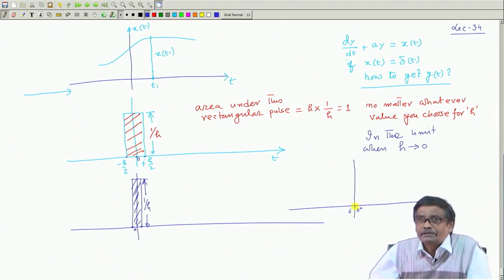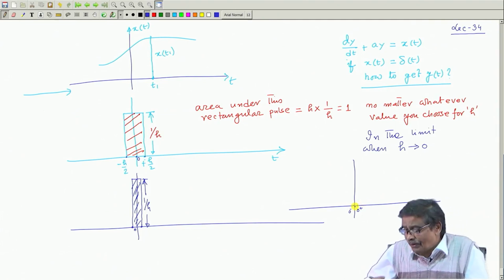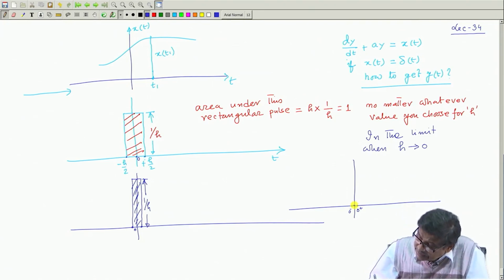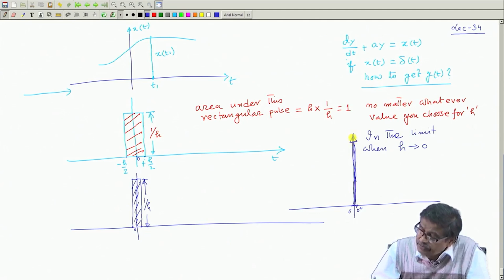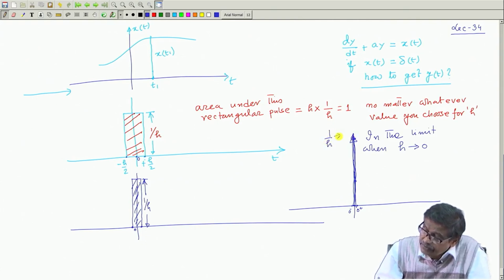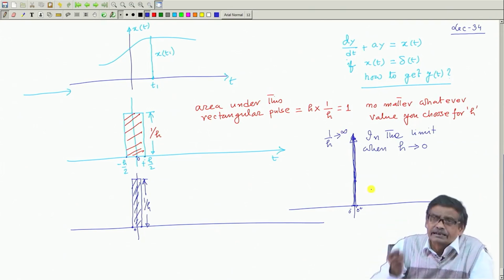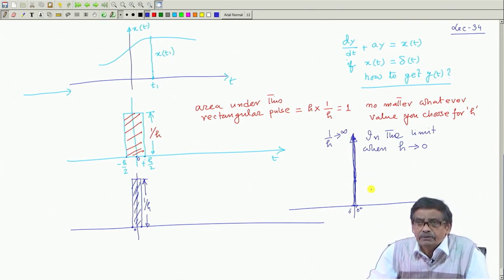Imagination does not prevent us from thinking of as small a number as we please. Under that condition, the height of this rectangle, 1 by h, will rise to infinity, but still that rectangular strip will be there, and the area under the curve will be 1.